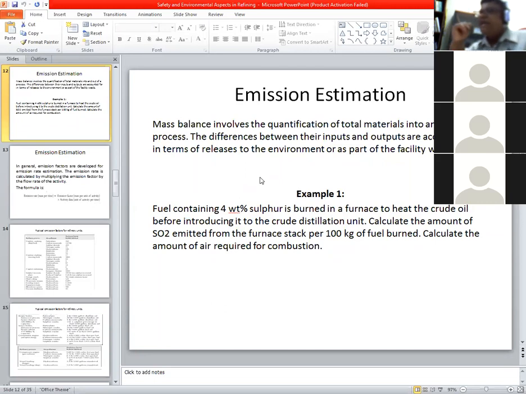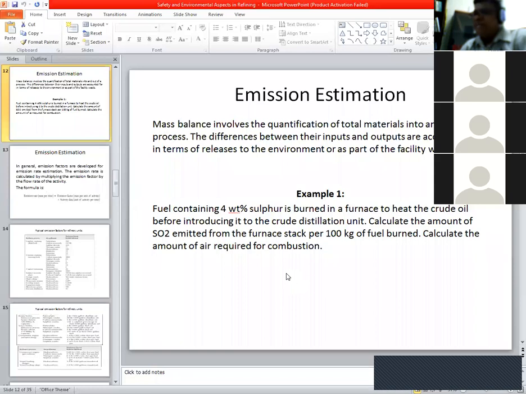So now, because our intention is to find out the air required, in air, oxygen percentage is 21%. Nitrogen is 79%, we know.